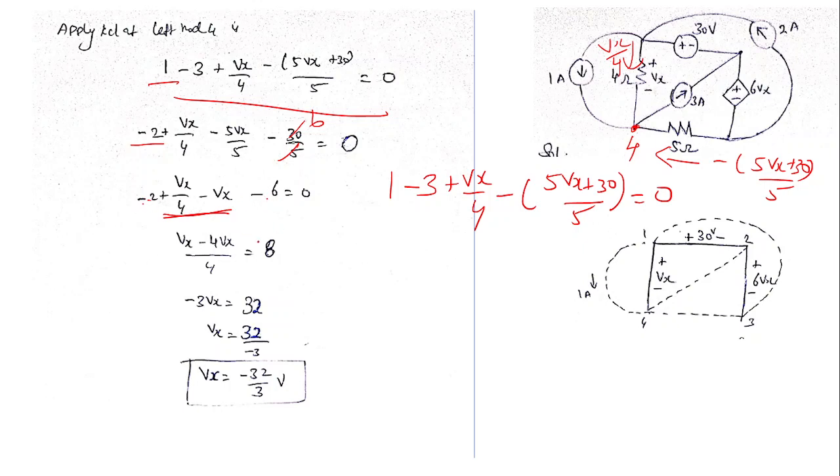I can take it to the right hand side, it will become plus 8. So Vx minus 4 Vx by 4, if I take LCM, I will get 4. So Vx minus 4 Vx by 4 equal to 8. So minus 3 Vx equal to 32. Vx will be 32 by minus 3. Okay, Vx will be equal to minus 32 by 3 volt. Okay, thank you.